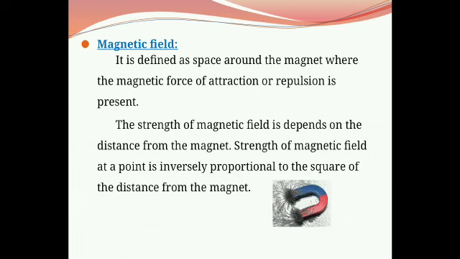Same here, the space around the magnet where the magnetic force of attraction or repulsion is present is called magnetic field. That means around the magnet there is a space where force of attraction or repulsion is present, and due to that it attracts the iron objects.